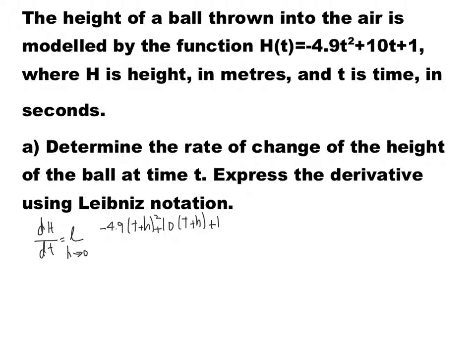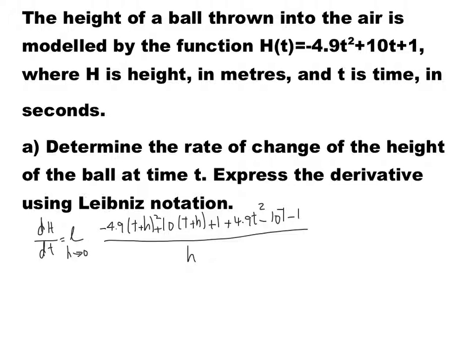This is h of t plus h, minus h of t. So minus negative 4.9 is plus 4.9 t squared minus 10t minus 1, over h, and the limit has to go to 0.